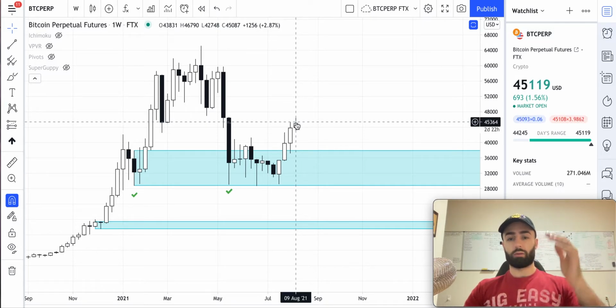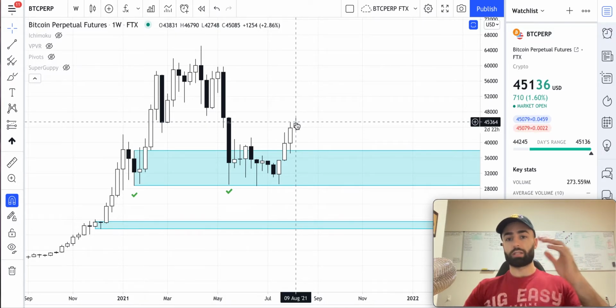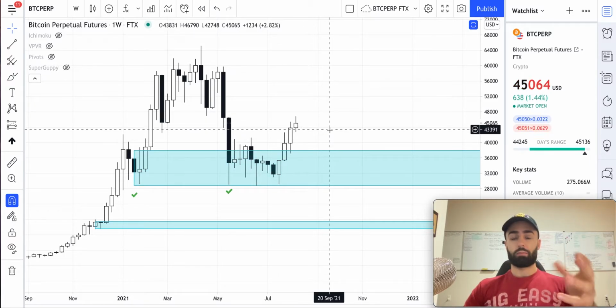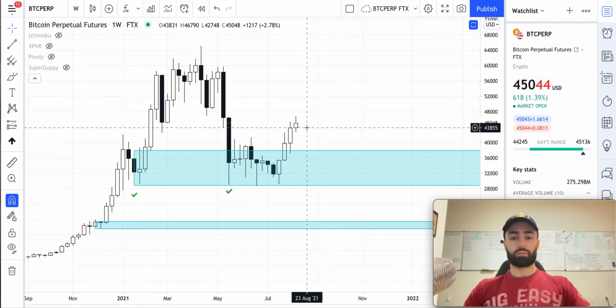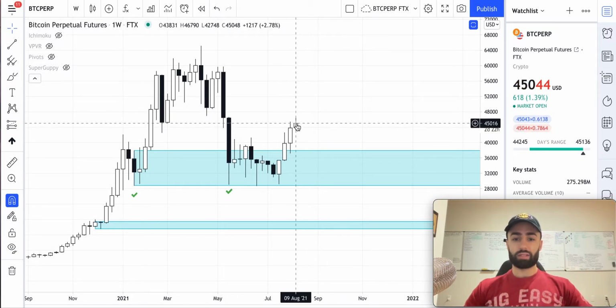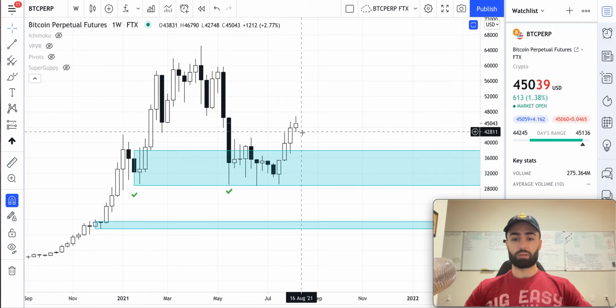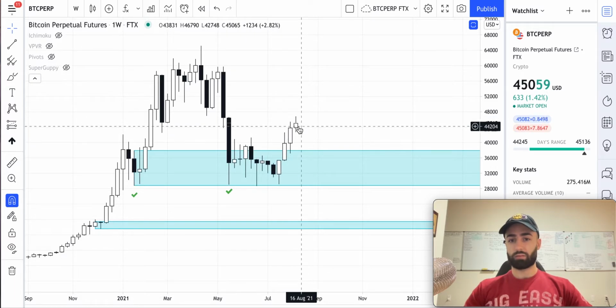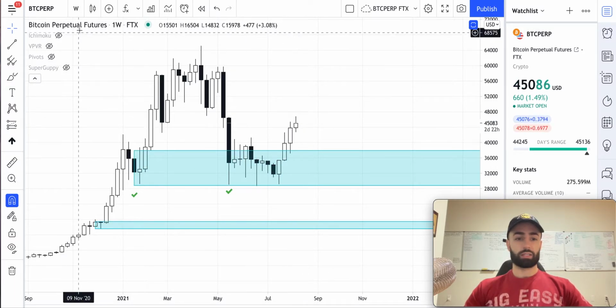Now you're going for a potential top. You're looking to go short on that on a higher time frame, like the weekly, but you're looking for that on the shorter time frames, and we'll talk about those in a minute. And then obviously you take that trade down to wherever you expect it to go, based on support and resistance levels and other indicators.